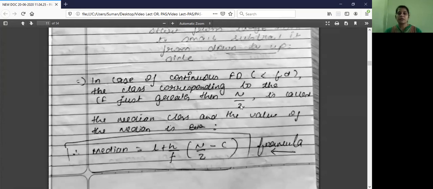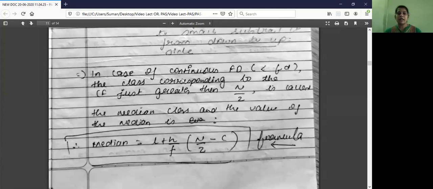So see here the formula in case of continuous frequency distribution. In case of less than type frequency distribution, the class corresponding to the CF just greater than N by 2 is called the median class, and the formula is median equal to L plus H upon F times (N by 2 minus C).